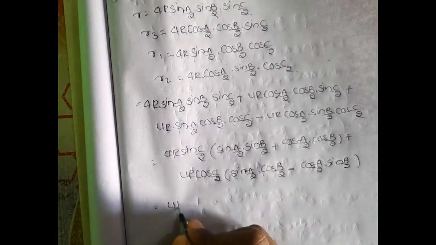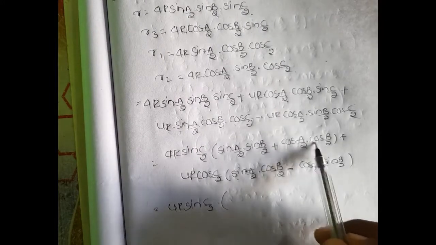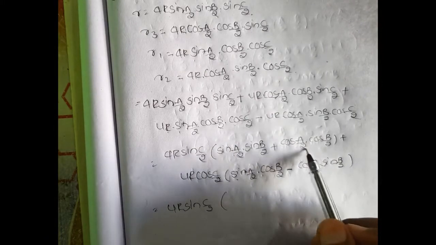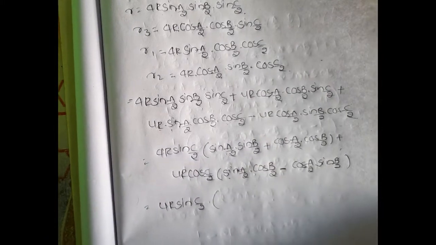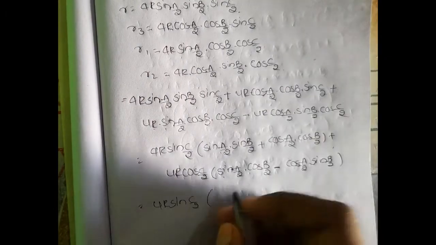Now 4R sin C by 2. Here it is in the form of cos A cos B plus sin A sin B. Here in the place of A and B we have A by 2 and B by 2. So what is the formula of cos A cos B plus sin A sin B? Cos of A minus B, right?